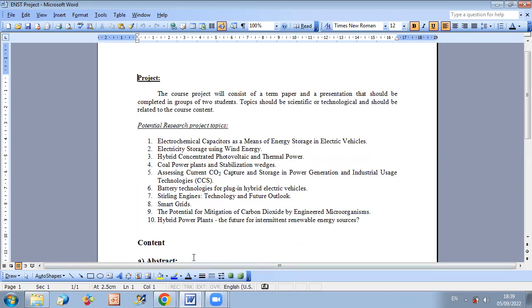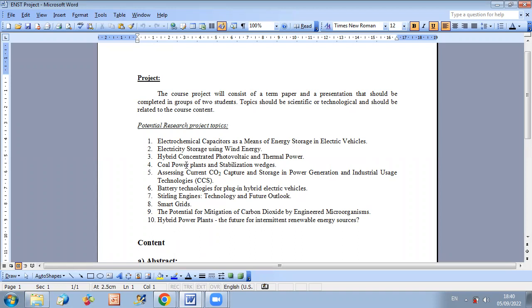Another possibility of projects is coal power plants and stabilization wedges. So you can work also on coal power plants, how we can enhance their efficiency, how we can reduce the pollution, how they are working, and how they progressed with time.